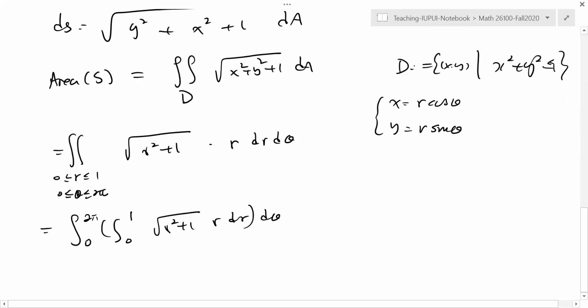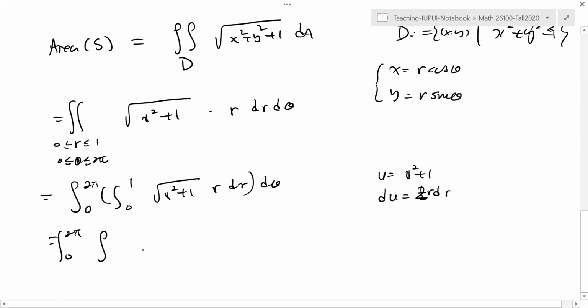And so you have to use the substitution. u equals r squared plus 1, so du is 2r dr, and r dr is half of du.